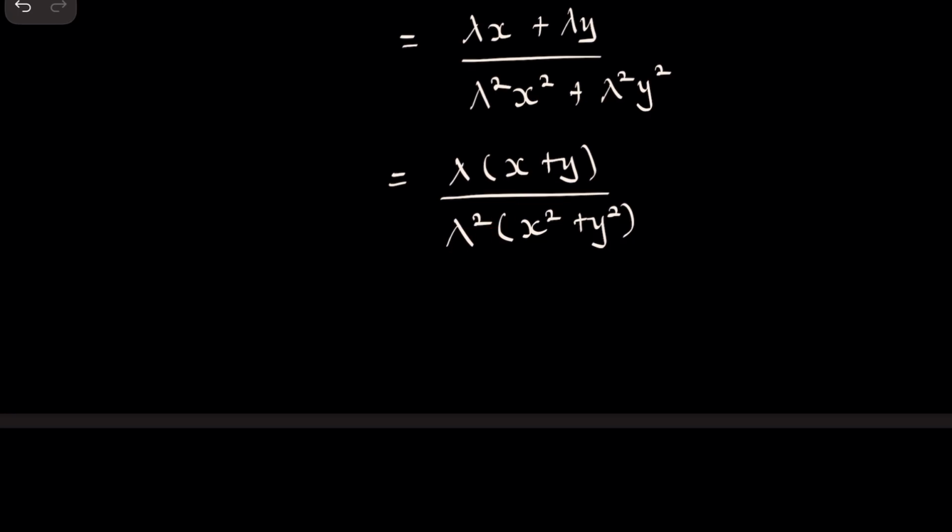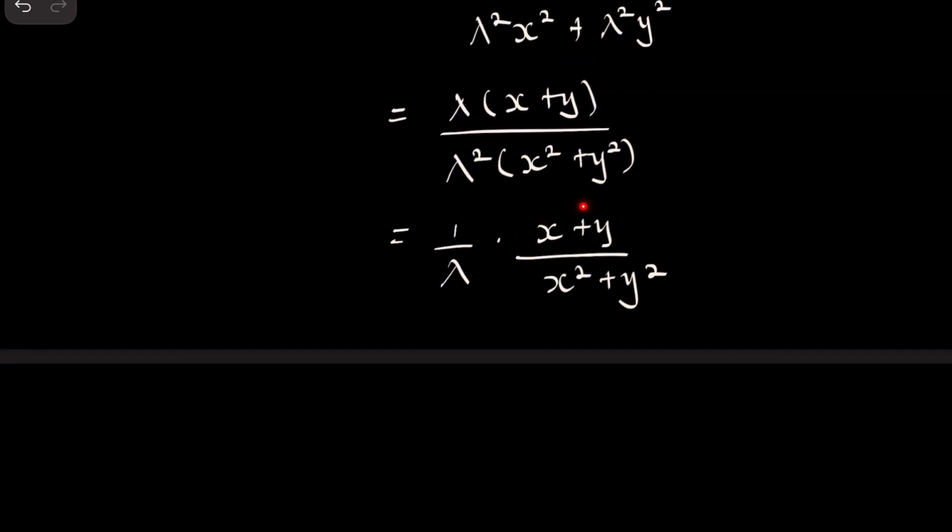And so we are going to have 1 on lambda, multiplied by x plus y divided by x squared plus y squared. We can see that x plus y divided by x squared plus y squared is our given function f of x y.